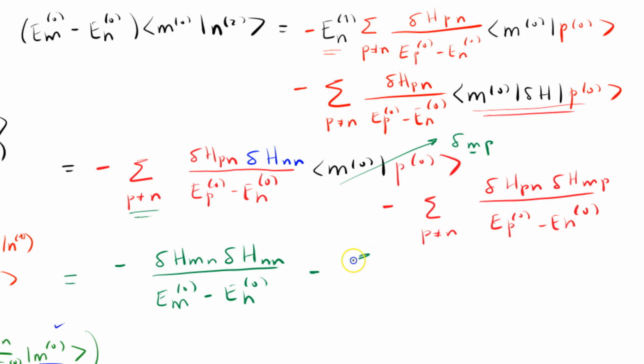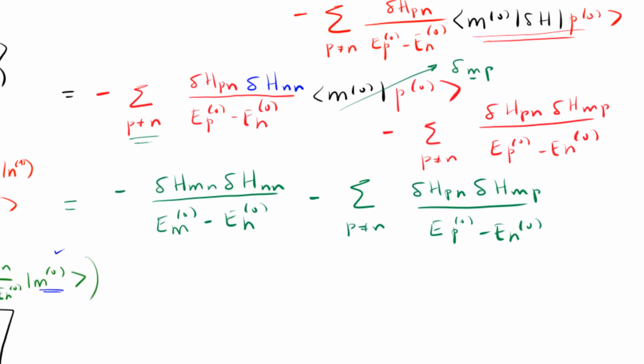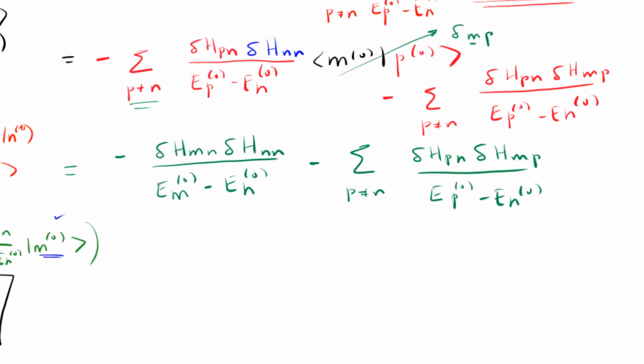Then minus sum p does not equal to n, delta h p n delta h m p all over ep0 minus en0. Oh my god, we're almost there. Continuing, running out of colors already. So continuing, we can rewrite this as m0 n2 equals.